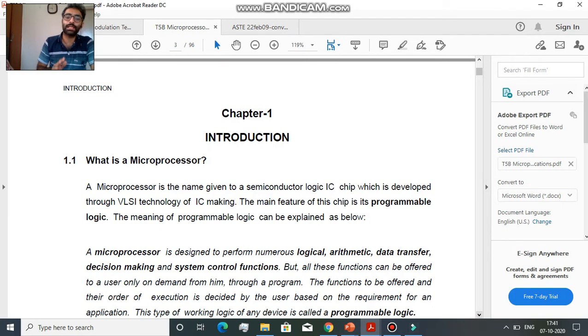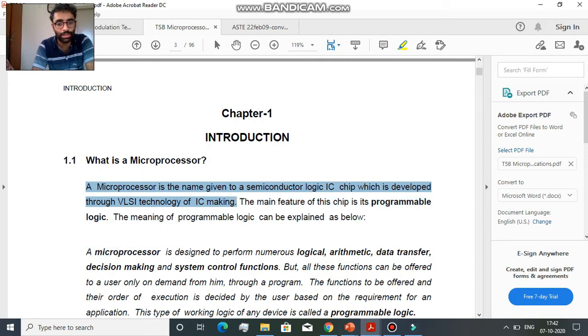So what is a microprocessor? A microprocessor is the name given to a semiconductor logic IC chip which is developed through VLSI technology of IC making. The main feature of this chip is its programmable logic. The meaning of programmable logic can be explained as below. I'll take the highlighter and highlight the important things. The first thing is, microprocessor is the name given to a semiconductor logic, meaning in terms of zeros and ones, IC chip which is developed through VLSI technology of IC making.